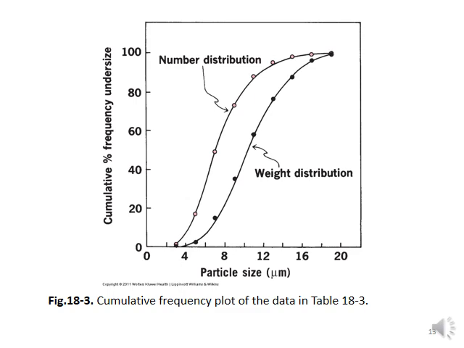For example, 50% of the particles have a particle size less than 8 microns as number distribution, while the same 50% of the particles have less than 12 microns as weight distribution.